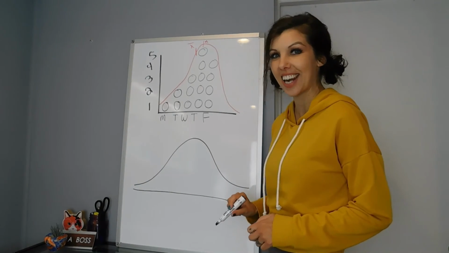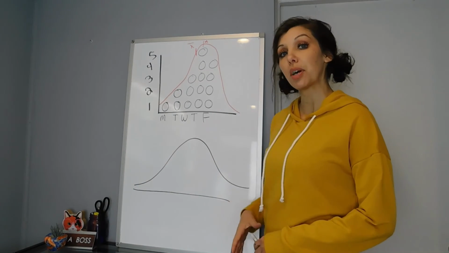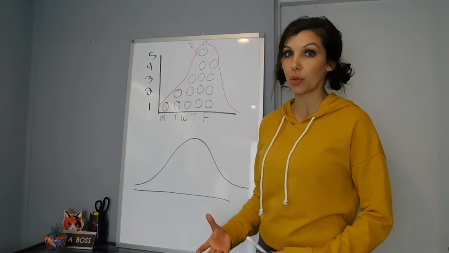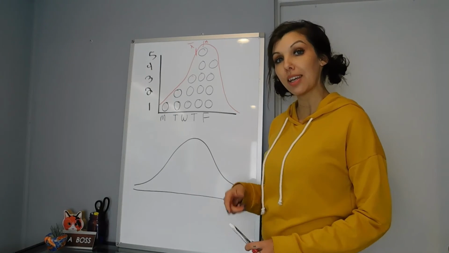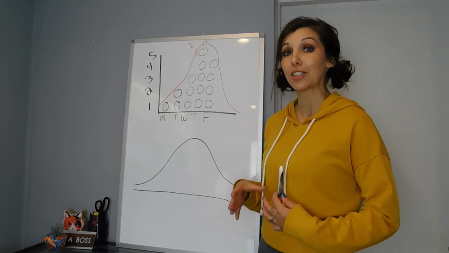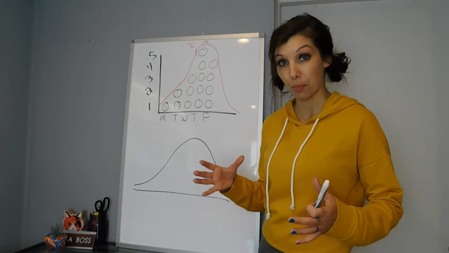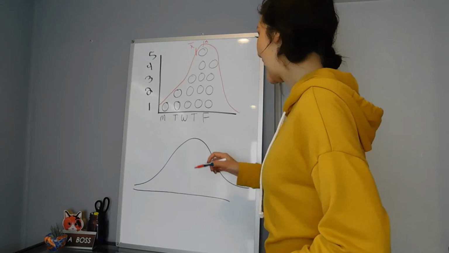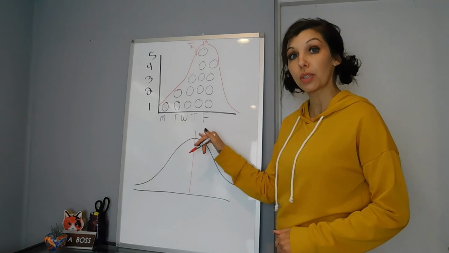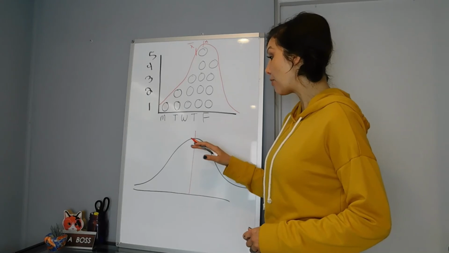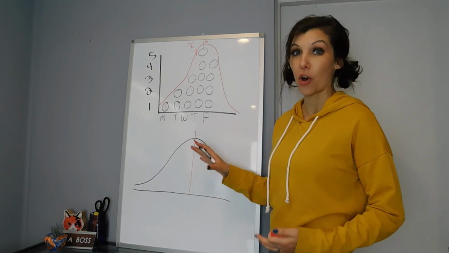As even as I can get it. When the data is symmetrical, that's called a normal distribution. And in a normal distribution, the mean, median, and the mode are actually all the same. In a perfectly normal distribution, they would all be here. This is the highest point, the most frequency for the mode, and the average and the middle are actually all the same.